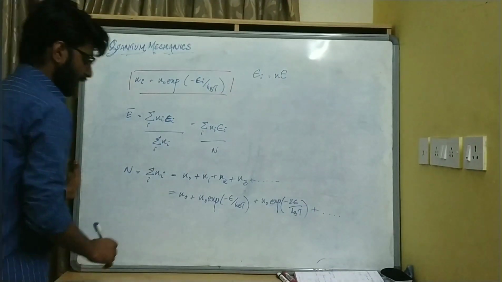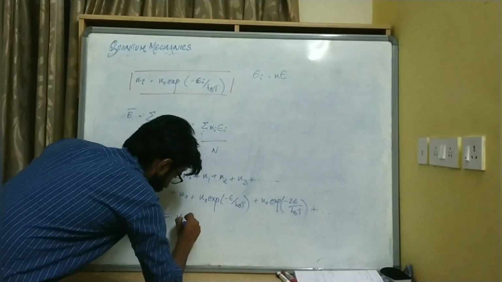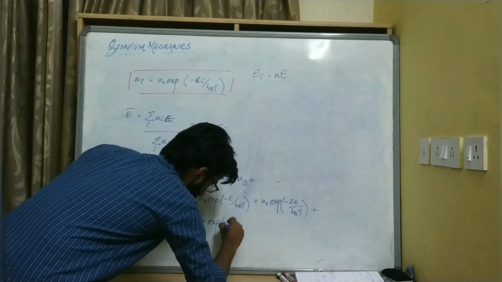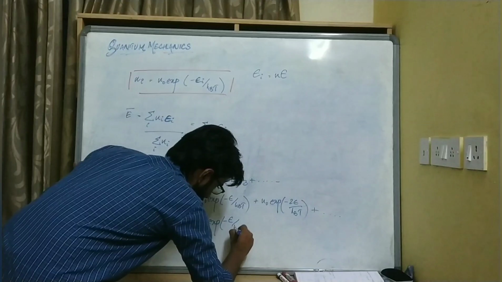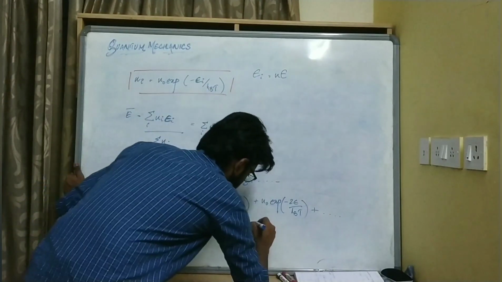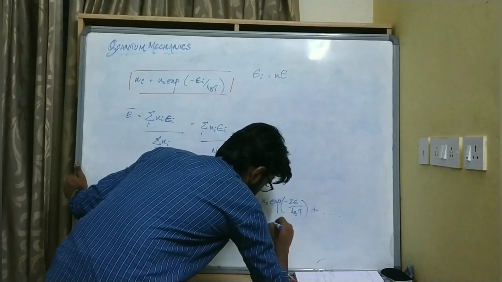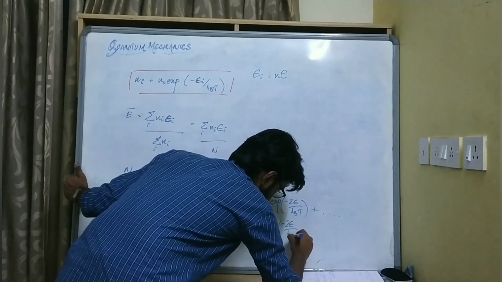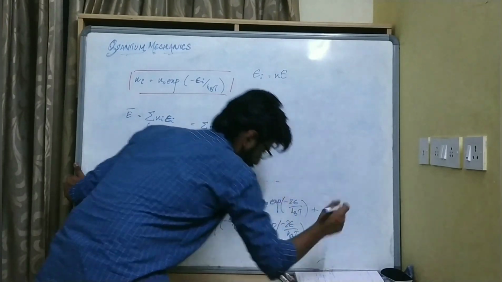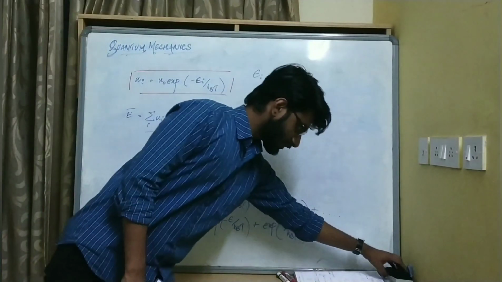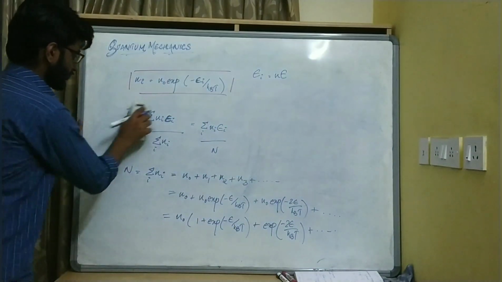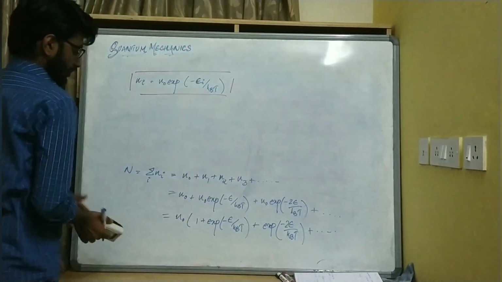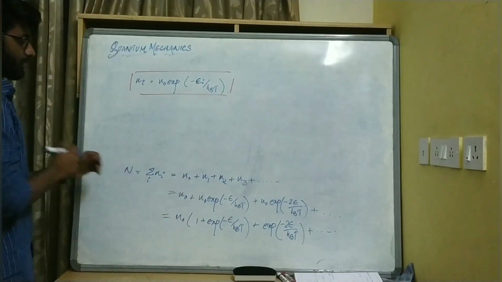This is the expression for the energy, and you can take n0 as common. To simplify this, we do not take any approximations at all, it is just simplification.